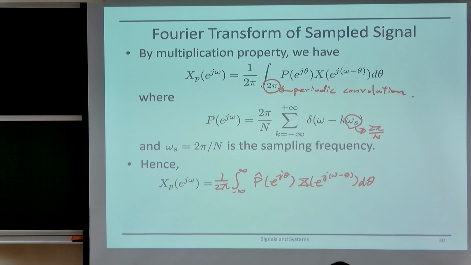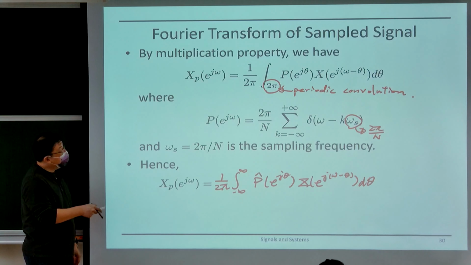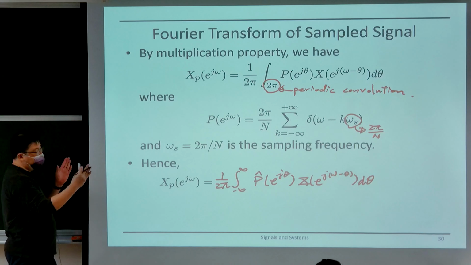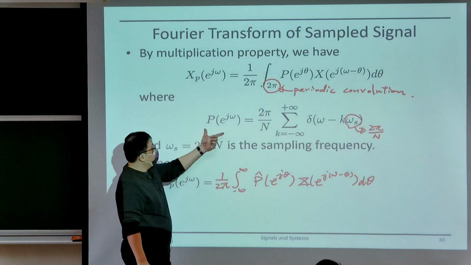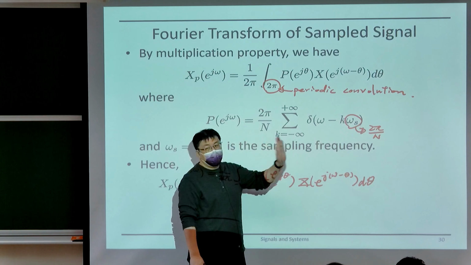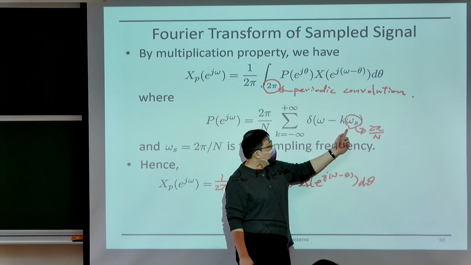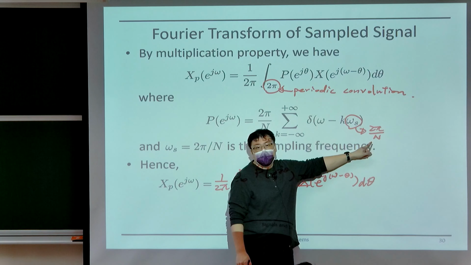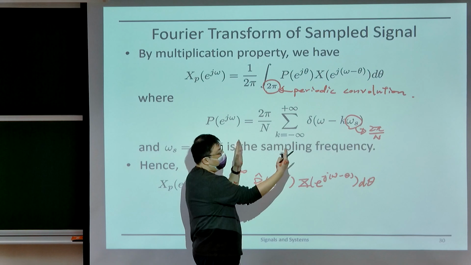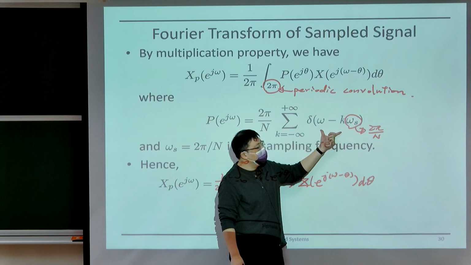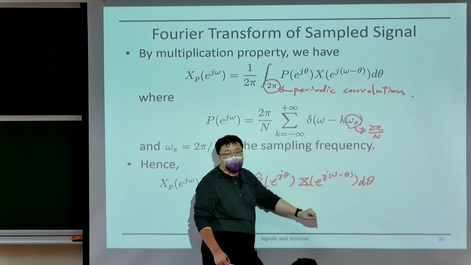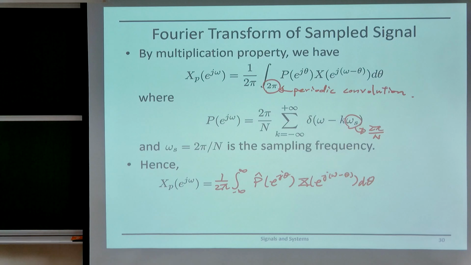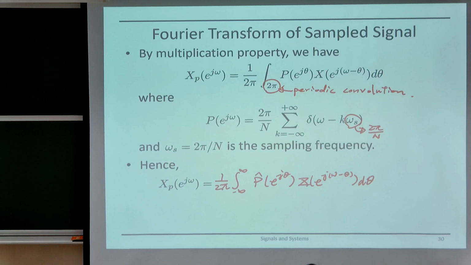Now p hat is p over only a 2 pi range. You can see that p is a bunch of delta functions separated by 2 pi over capital N. So if you look only over a 2 pi range, you will have only capital N of these impulses. You can take any 2 pi range. Suppose we take from 0 to 2 pi.